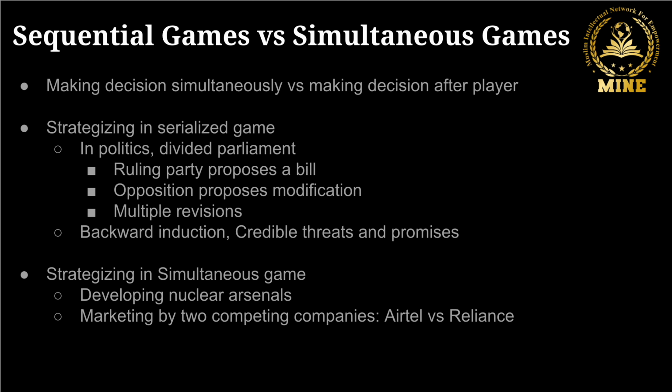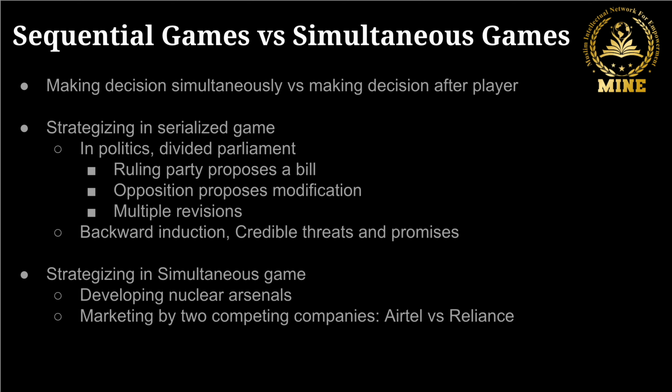So it goes through multiple revisions, and each party plays a game by proposing what their needs and priorities are. In the end, usually, after a slow policy making scenario, divided houses are always a slow policy making scene, they come up with multiple revisions and a final bill.